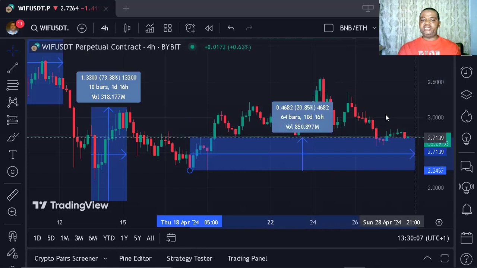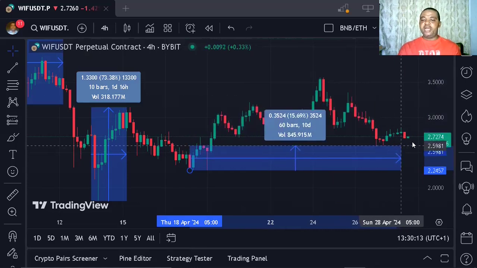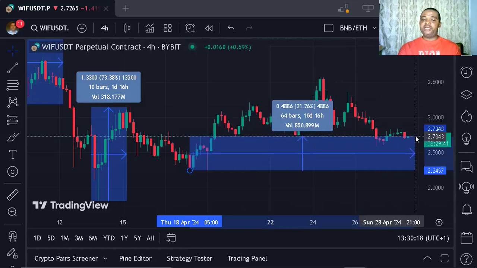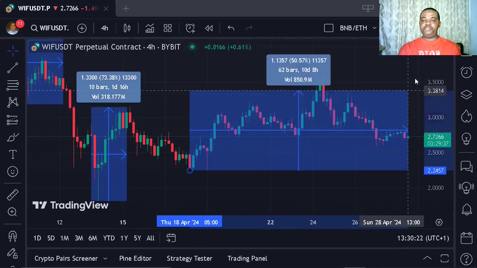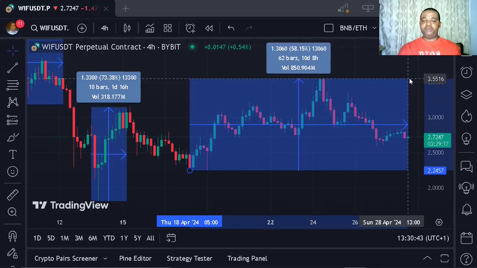And right now it dipped back down to 15.69%. And currently it's still trading at 21.76%. So this is the most current bullish trend section of this particular cryptocurrency pair. It's yet to complete its standard cycle of a bullish trend operation at the highest price of the bullish trend.